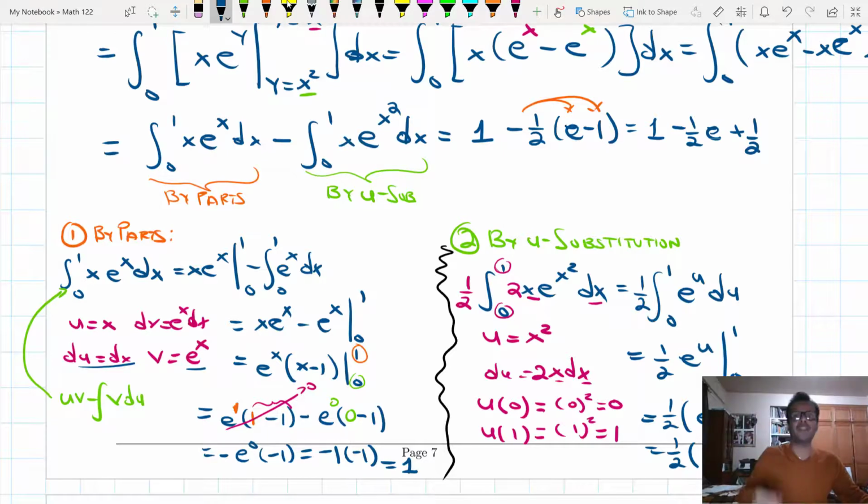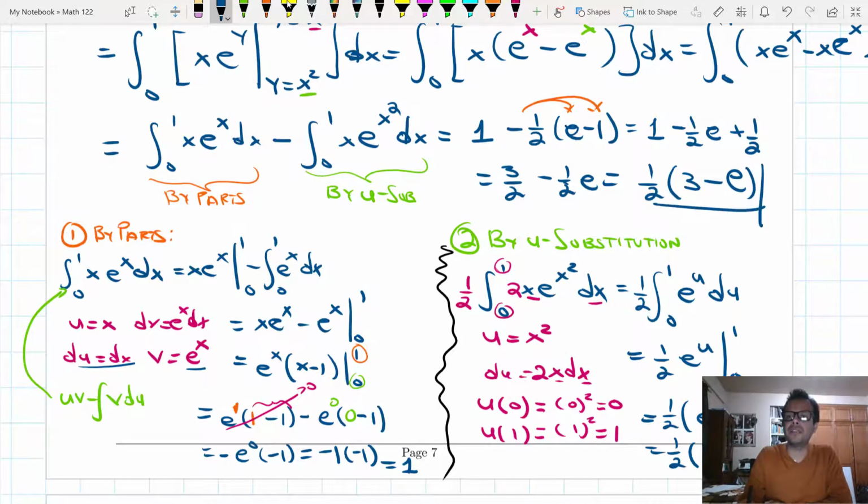What are we going to get here? 1 plus 1/2, that's going to give us 3/2, and then minus 1/2 of e. And you might want to factor out the 1/2. Factoring out the 1/2 would give us a 3 minus e inside of the parentheses, and this is the grand final answer to this integral.